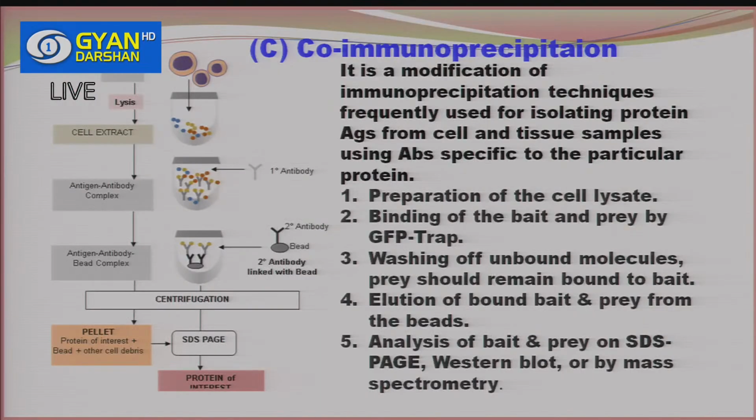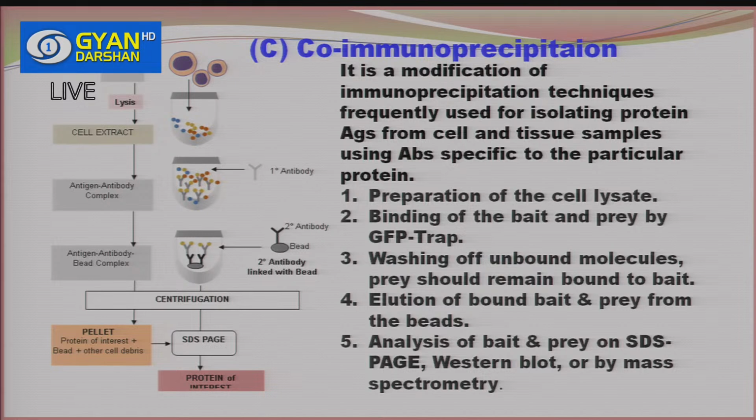And the third one is co-immunoprecipitation. It is a modification of the immunoprecipitation technique. So we can modify the immunoprecipitation technique, and that is known as co-immunoprecipitation.